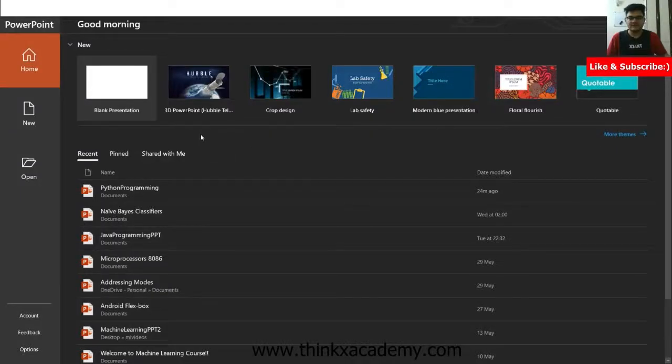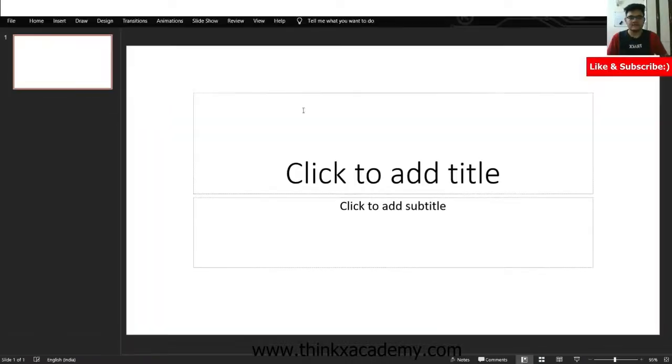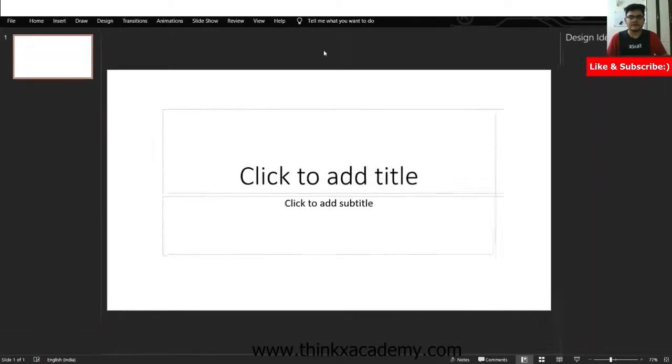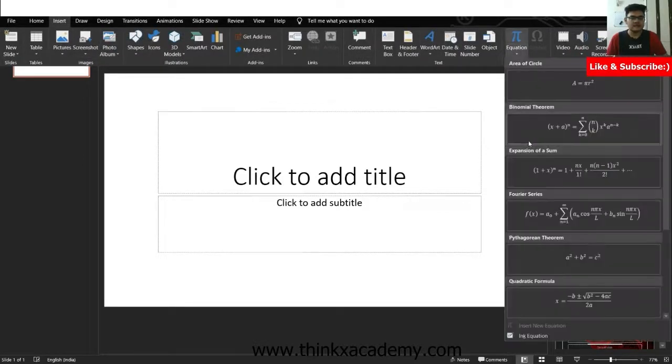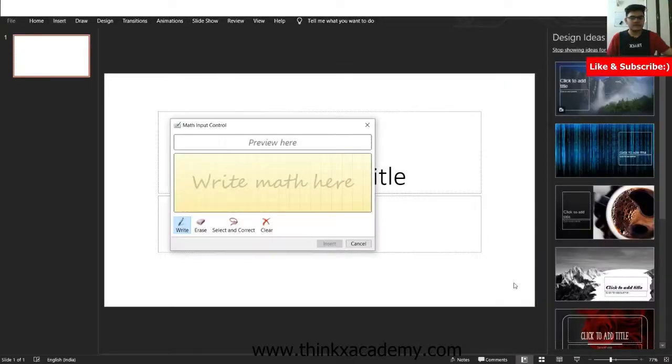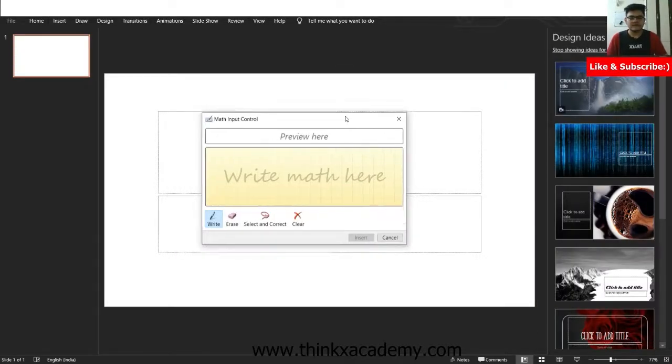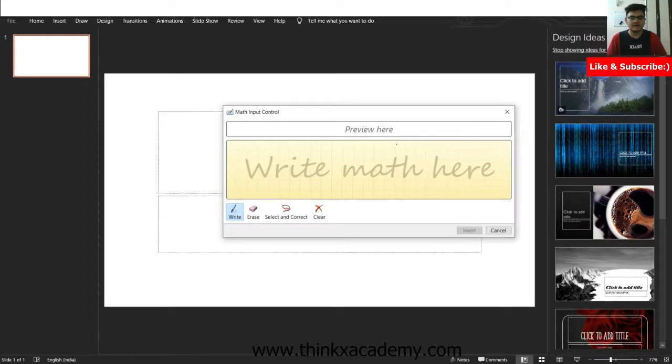Let me give you a real life example of how a neural network is working inside of Microsoft PowerPoint. I will go to Insert, and here in Equation I will go to Ink Equation, and now you can see that I get this dialog box. Let me expand it.